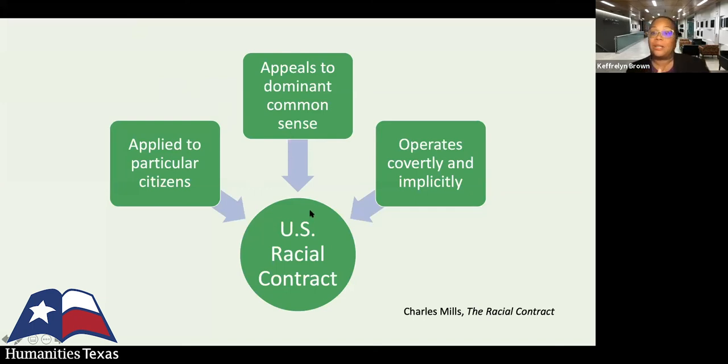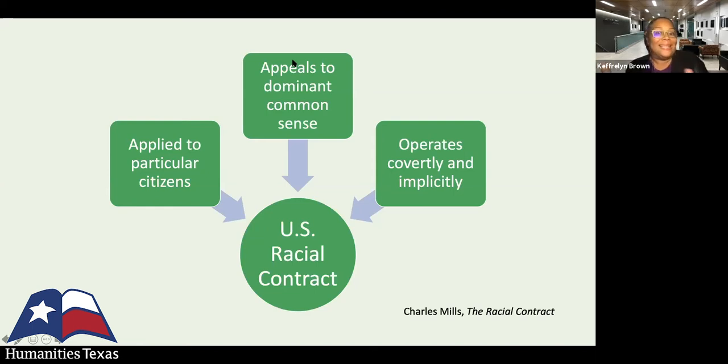So it's applied to particular citizens, and in this case, these citizens are Black citizens. So what this basically means is that in normal circumstances, it might not be appropriate to treat someone unfairly for their skin color. But in the case of Black people, they could be.